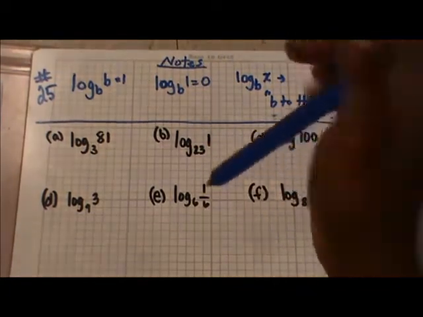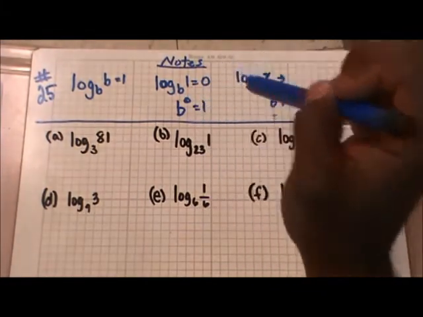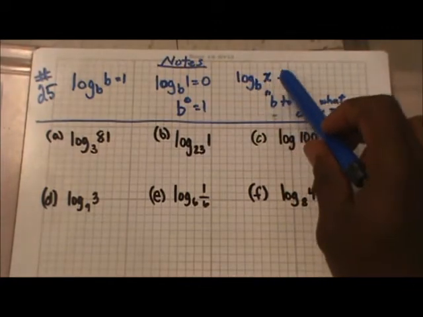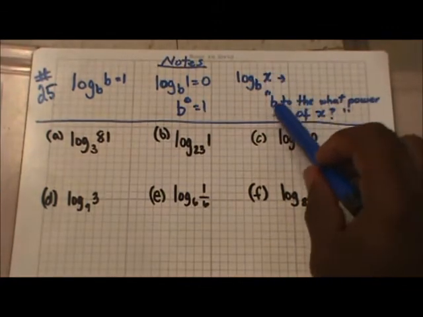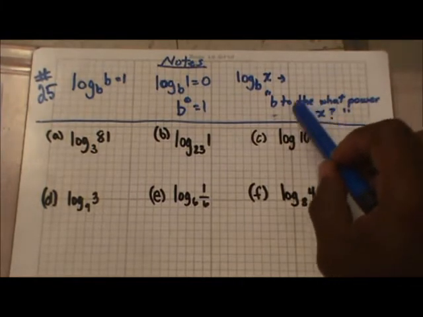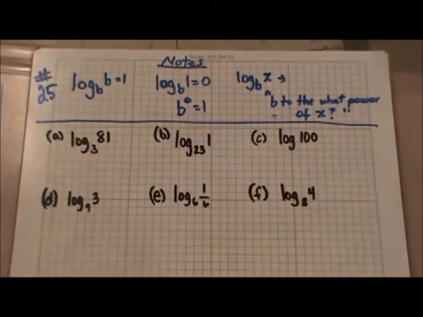It comes from the fact that b to the 0 is equal to 1. Here, log base b of x, you can always say b to the what power gives x. That what is what the answer is going to be equal to. So that gets us started here.